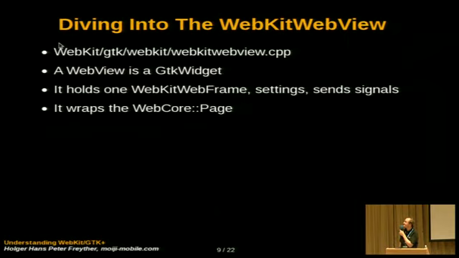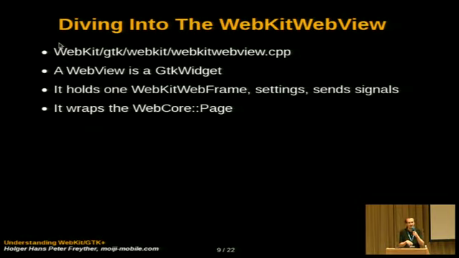So we start diving into the WebKit tree by looking at the high level class called WebKitWebView. This is a GTK widget you're going to embed into your application if you want to display content. In general, it works by holding one main frame. So a WebKitWebView has one WebKitWebFrame, and a WebKitWebFrame can, depending on the content, hold a tree of frames.